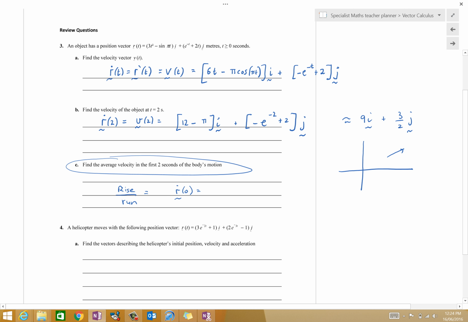When time equals 0, what's going to be the velocity at 0? Well, subbing in t equals 0, that's going to be minus pi i plus j.